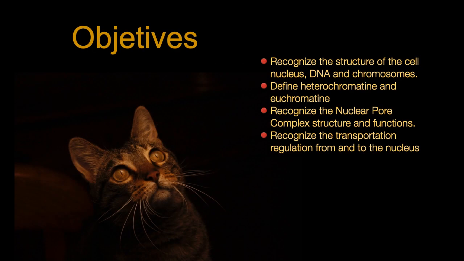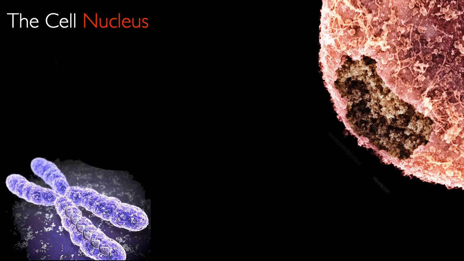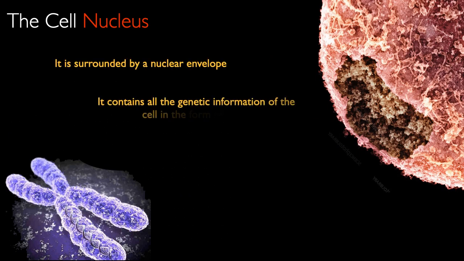Okay, let's see now the cell nucleus that contains the genetic material necessary to produce a whole human being. Have in mind the objectives when you review this lecture. Alright, you already know that the nucleus has a nuclear envelope that separates its content from the cytoplasm.